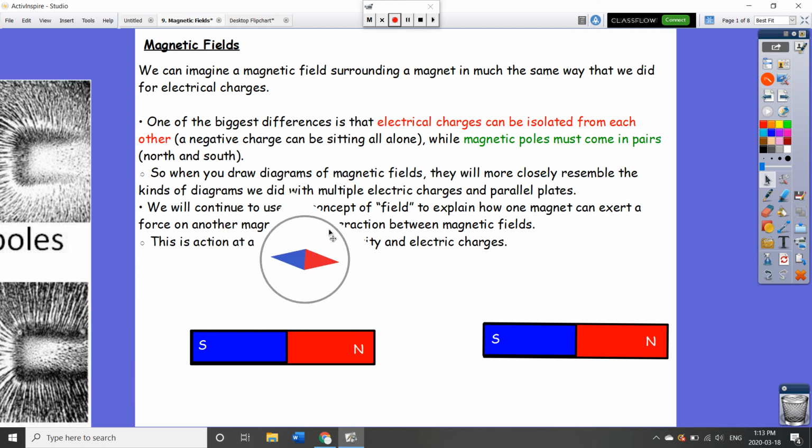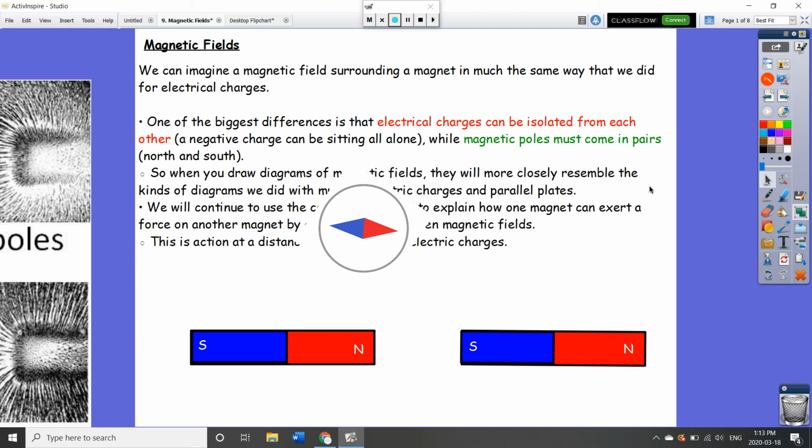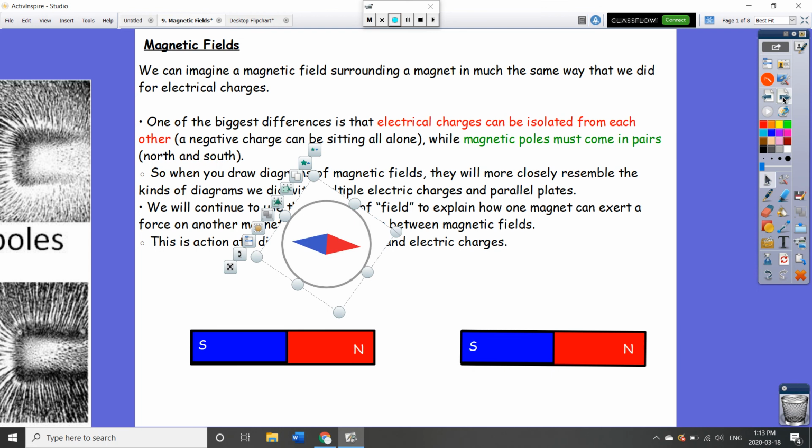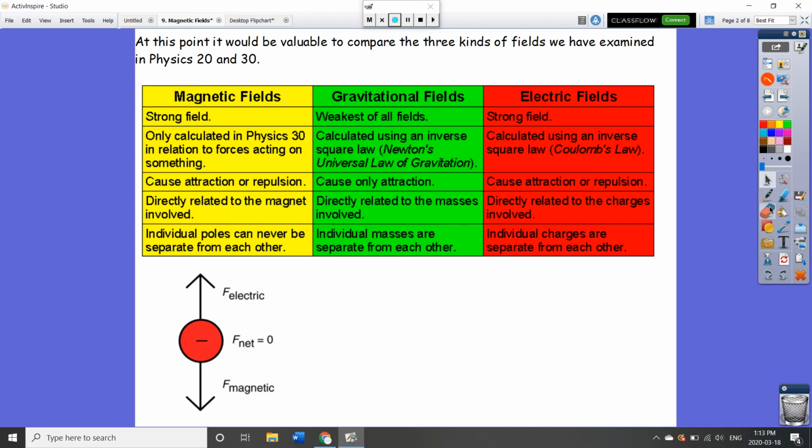Now, what a compass does in this magnetic field is important because that is actually how we define magnetic fields. Just like with electric fields, we use a positive test charge to define it. A magnetic field, we use the direction that a compass will face as the actual definition of the field.